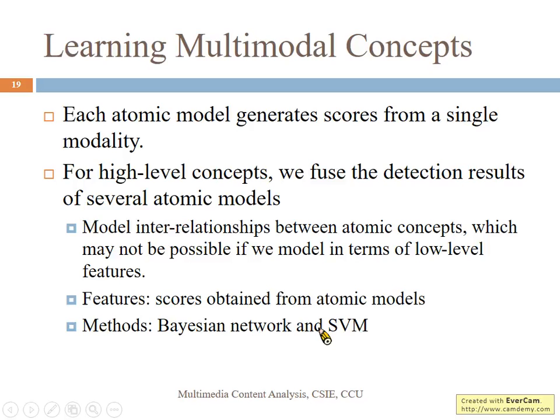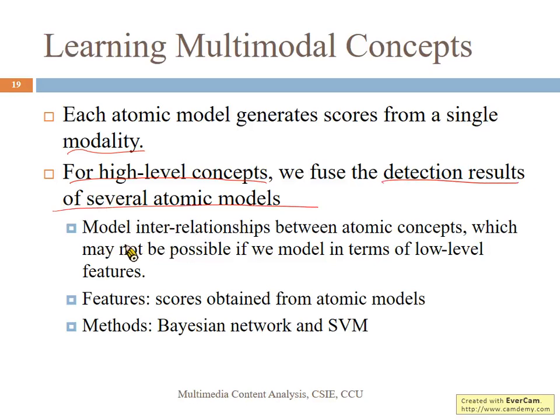And the information mentioned above are all from a single modality. How do they learn multimodal concepts? Each atomic model generates scores from a single modality, and for high-level concepts, they try to fuse the detection results of semantic atomic models.